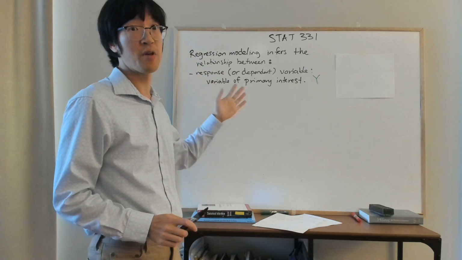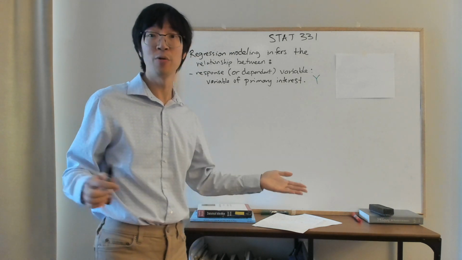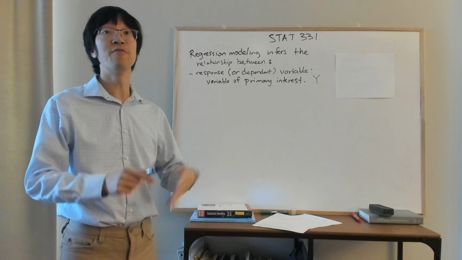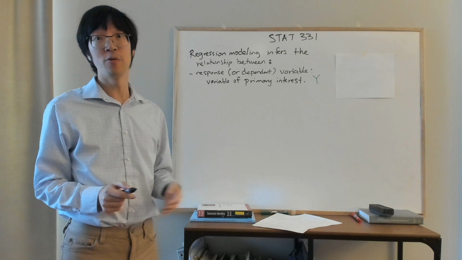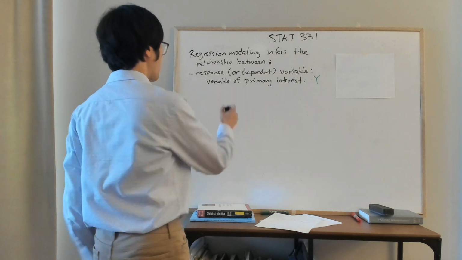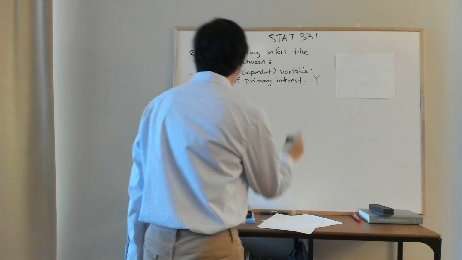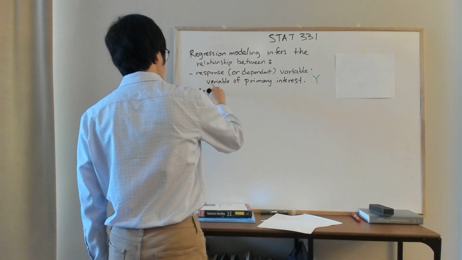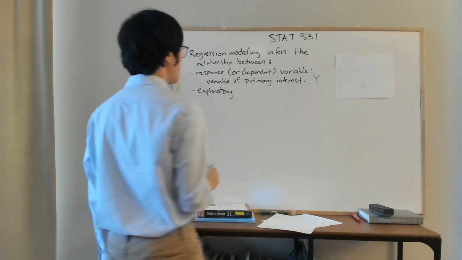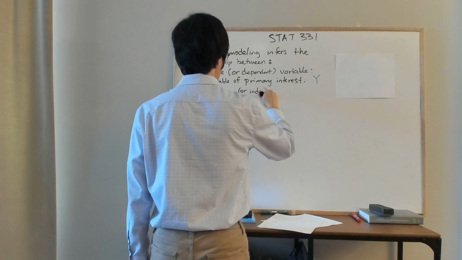These variables may or may not help explain y, and part of the modeling process is to determine which variables can help explain the response, and then infer how each of these variables affects the response. So we want to model the response in relation to a bunch of what we call explanatory variables. There are a number of different terms for explanatory variables. You may also have heard these called independent variables.